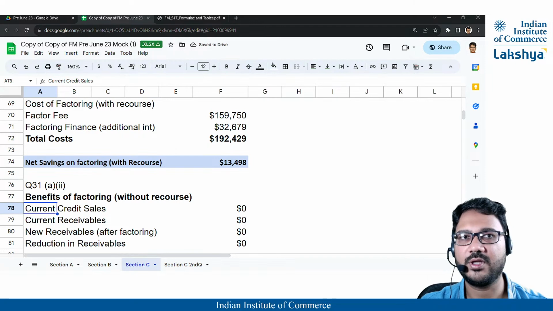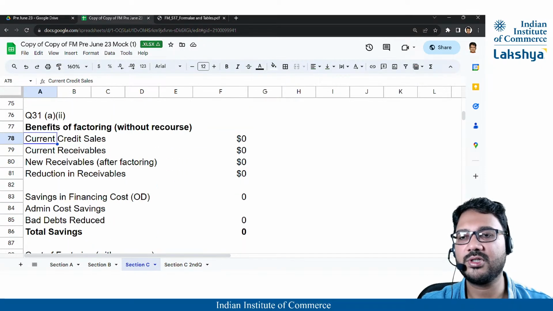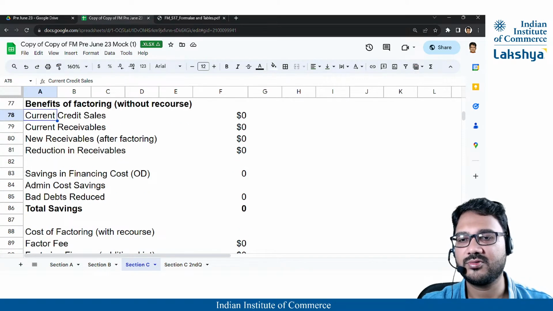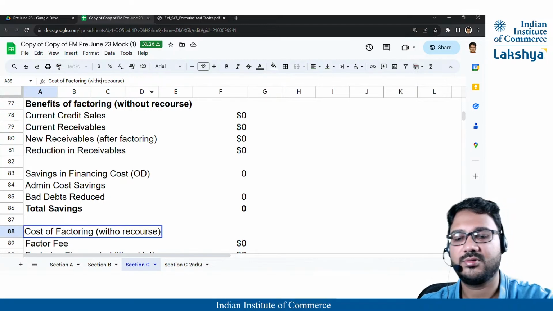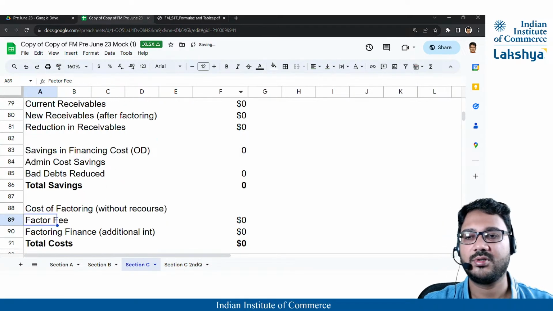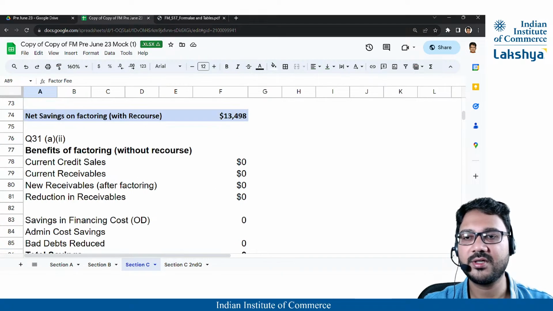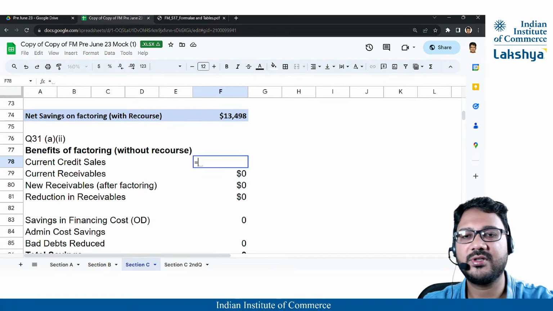Okay, without recourse. Now what is the difference between with recourse and without recourse? Your entire bad debts move out. Now, current sales and everything will remain the same.